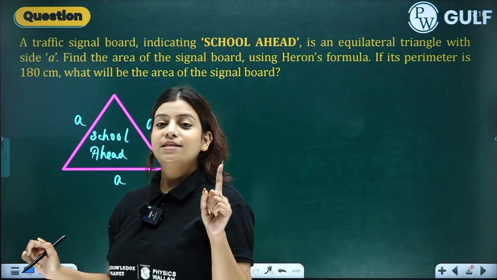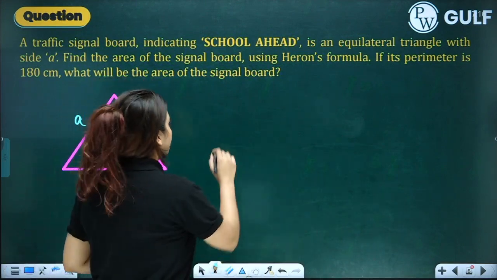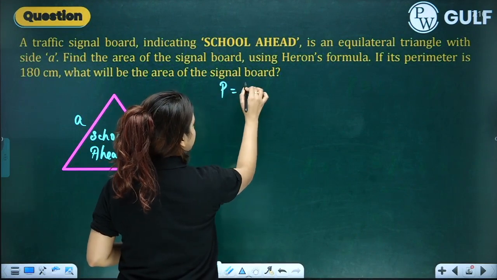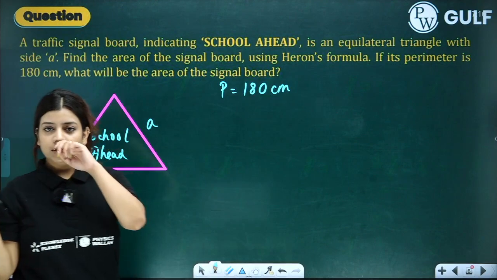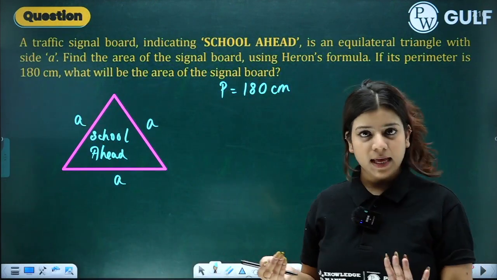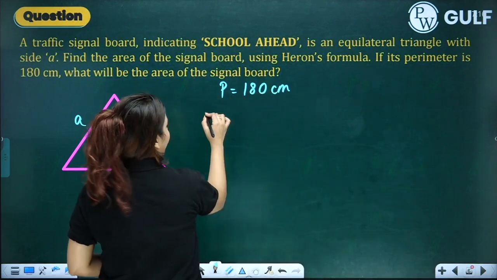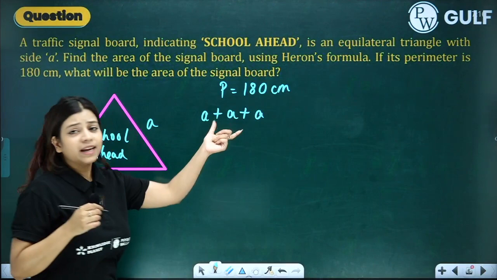The one thing that is given to us already is the perimeter, that is equal to 180 centimeter. What is perimeter, students? Sum of all sides, right? That means A plus A plus A. Why are we taking A plus A plus A?